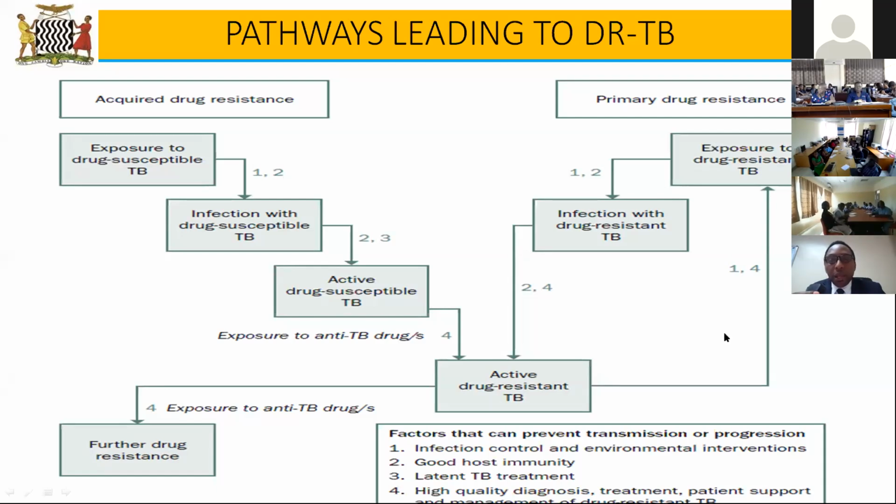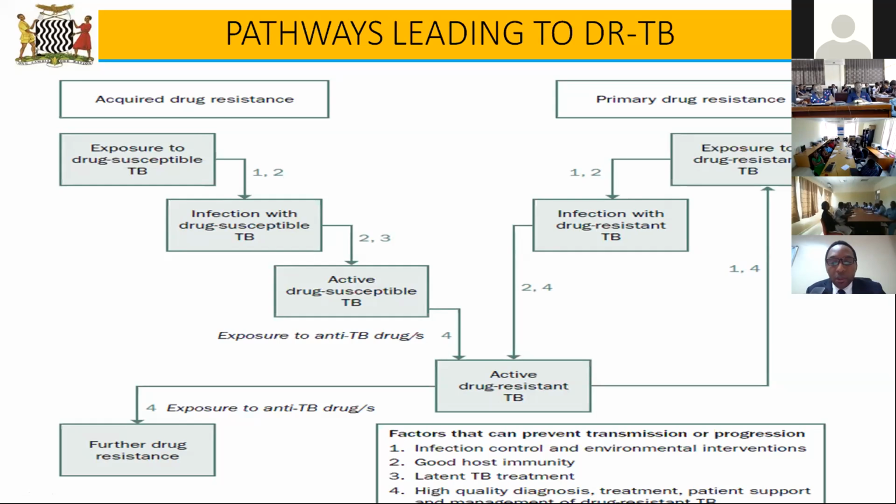It comes by being in close contact with someone who has drug-resistant TB, most likely living in the same household or working in the same environment or being in a bus with someone who has drug-resistant TB. So this is how it comes about. So the take-home message of the mechanism of primary drug-resistant TB is, one, inhaling a bacteria that is already resistant. So an individual has never suffered from TB before.